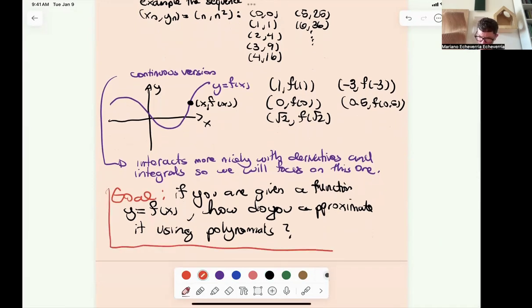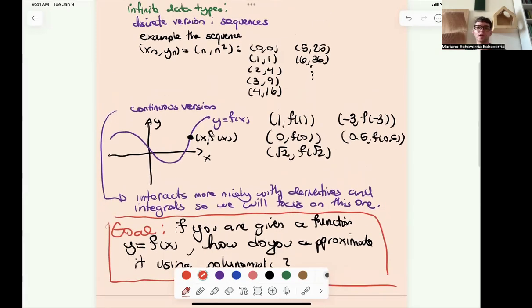In that sense, it's similar to what we were doing before. It's just that before you had a finite amount of points, and the only thing you were asking of the polynomials was that they would either pass through those points or be close enough to those points, which is what we were doing with the least squares method.